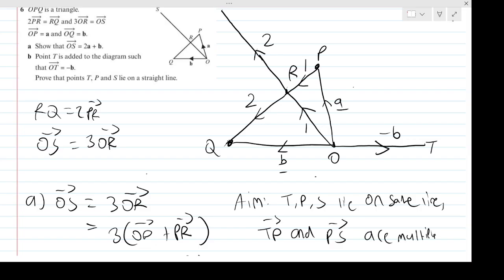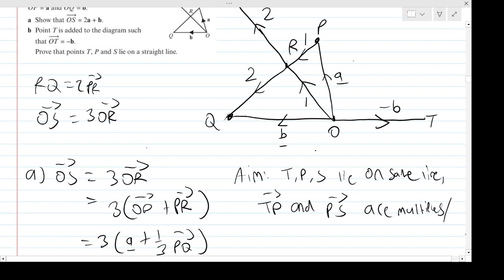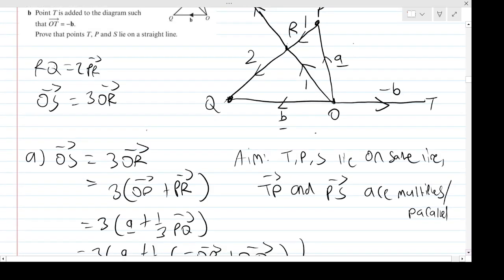Or parallel. Which means that we can say T to P is K lots of PS, right?